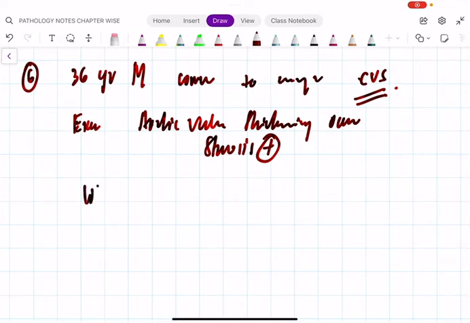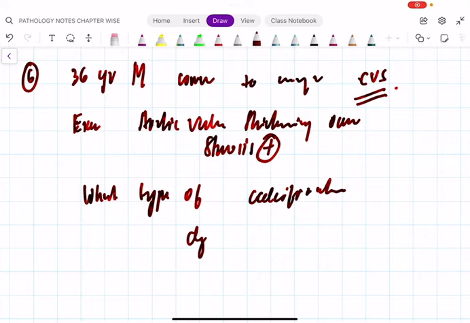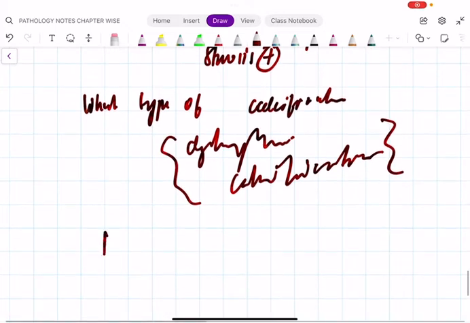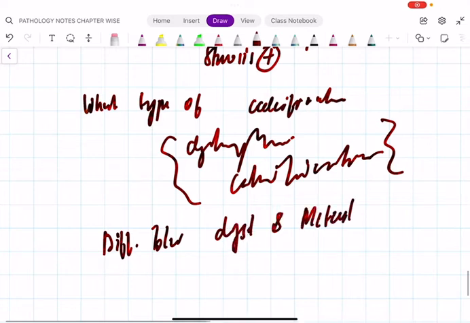So they may ask you what type of calcification it is. Dead means dystrophic calcification. They may ask you to differentiate between dystrophic and metastatic calcification. See, this is how they are going to ask questions.